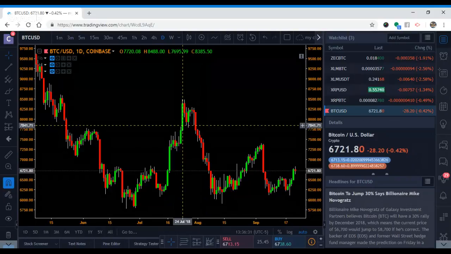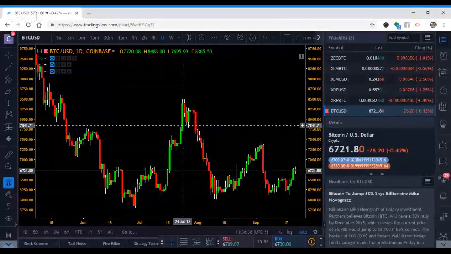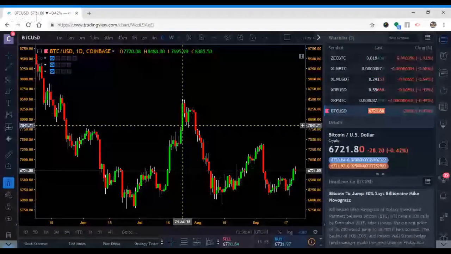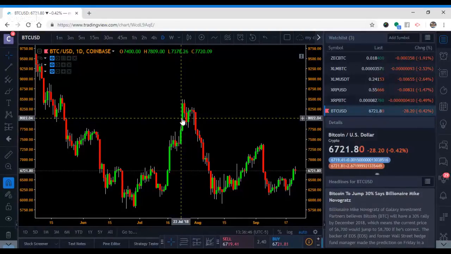What we're looking at right now is Bitcoin versus United States dollar, and we are looking at a 1 day price chart. That means each one of these candlesticks, be it red or green, represents a 24-hour period of price action, be it going up or down, or the fluctuation within that 24 hours.